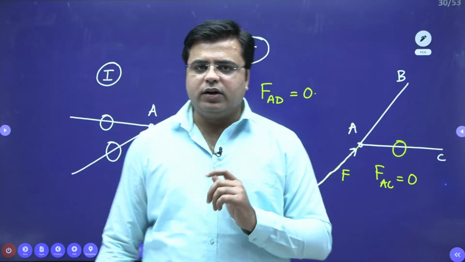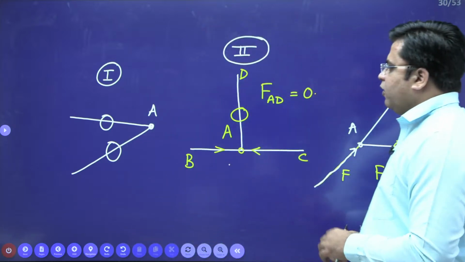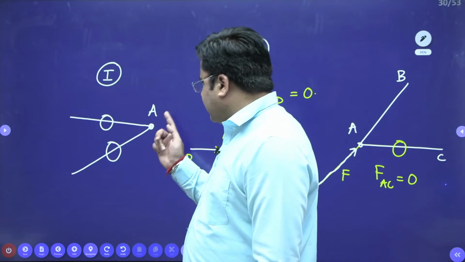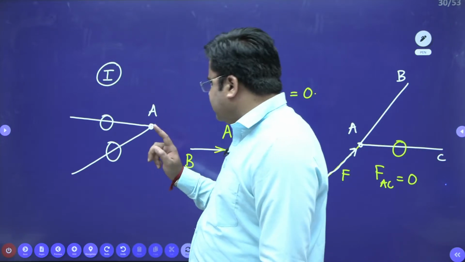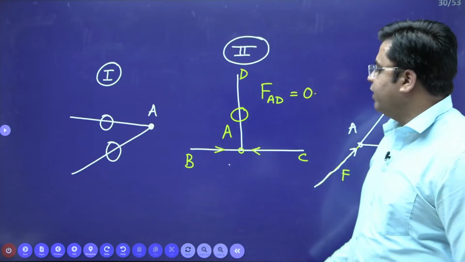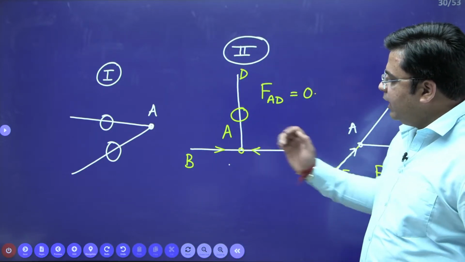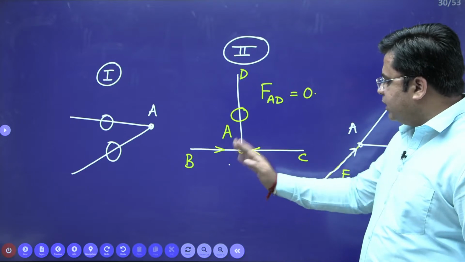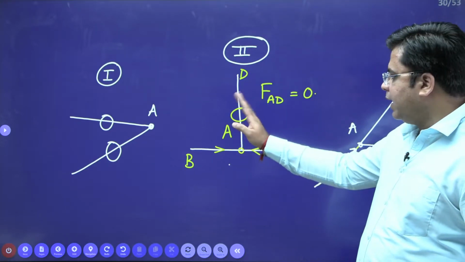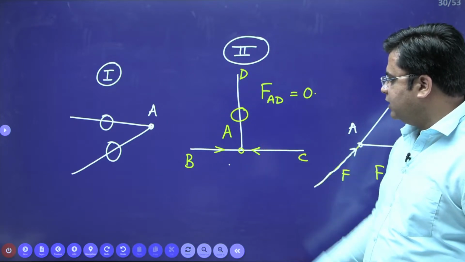So hopefully you have understood these three cases of zero force member. First one is when two members are meeting at a joint and the joint does not carry external load, then force in both the members is zero. Second one is when three members are meeting at a joint such that two members are collinear. This member need not be perpendicular. It can be aligned at any angle, right?